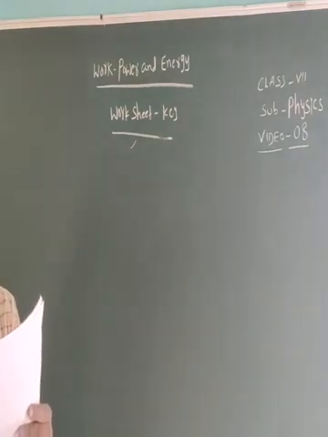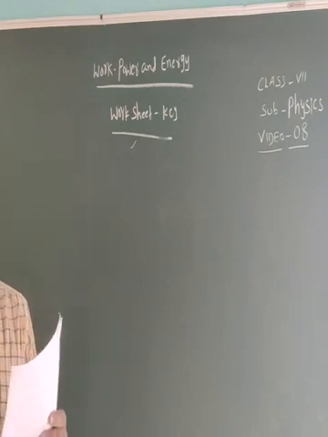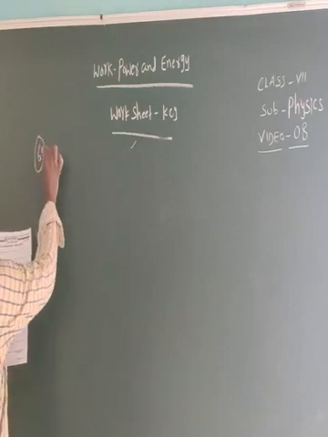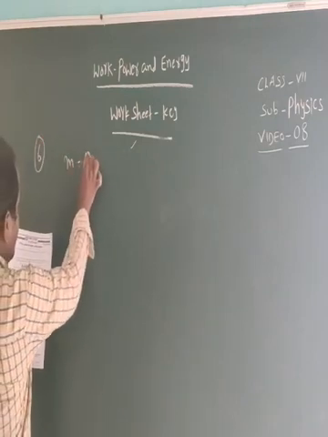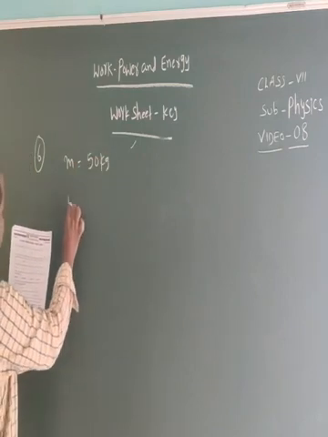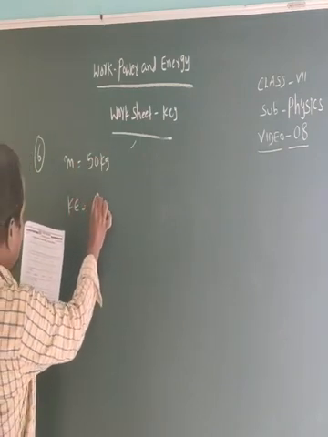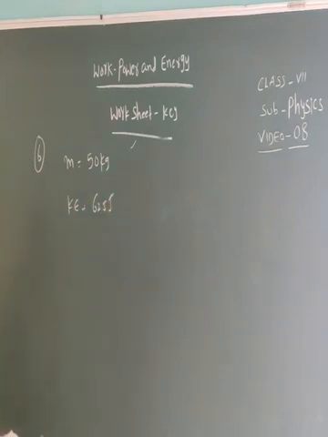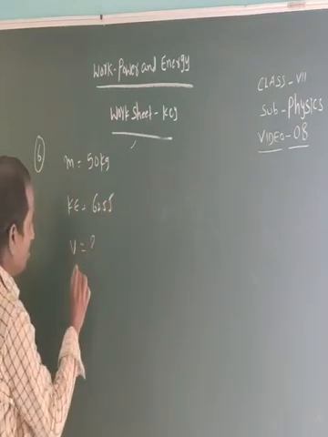How fast should a man of mass 50 kg run so that his kinetic energy equals 625 joules? So here mass is given, that is equal to 50 kg, and kinetic energy is given, that is equal to 625 joules. Then find the velocity. V equal to how much?